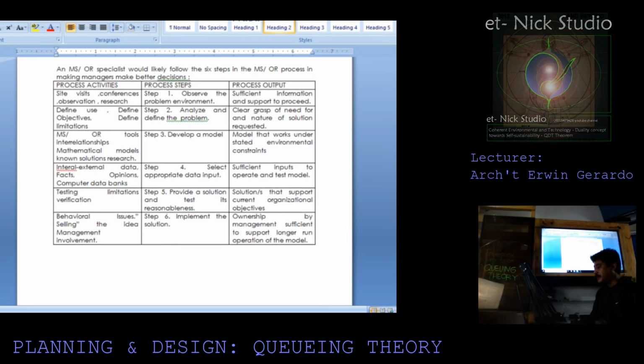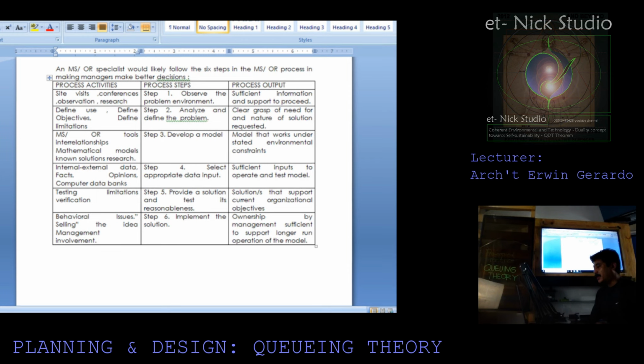The process output is a model that works under stated environmental constraints. And then next, whether it is internal or external data, facts, opinions, and computer data banks are needed to suffice the process activity.